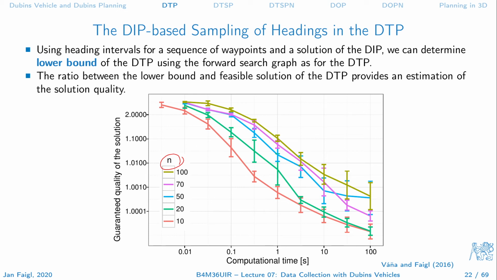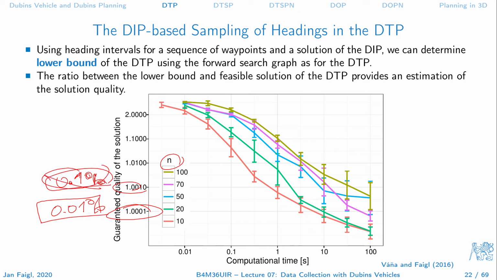We add more and more samples, and we can actually achieve solutions with less than, in this case, 0% from the lower bound. And even this case is close to the lower bound, so that's almost optimum. And from a practical point of view, you don't care. So in this way, we can guarantee the solution quality.